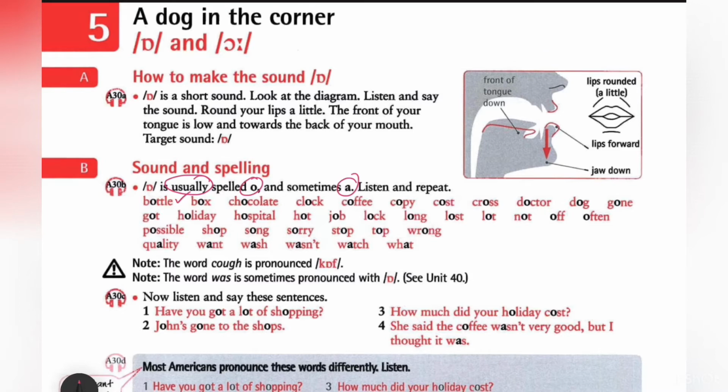Bottle. Please repeat after me. Bottle. Box. Chocolate, not chocolate. Okay? It's chocolate. Clock. Coffee. Copy. Cost. Cross. Doctor. Dog.